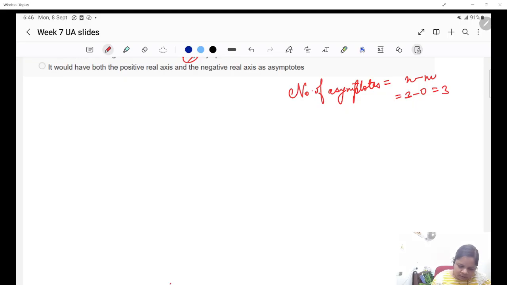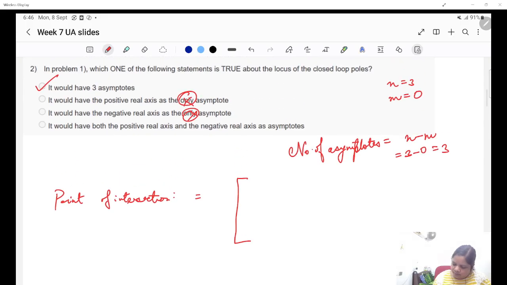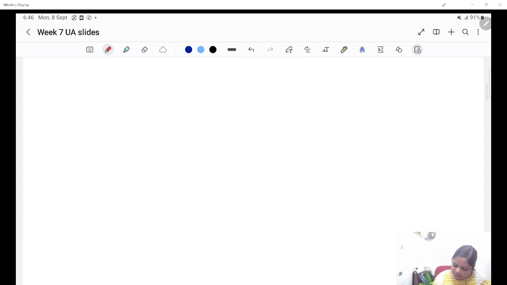Okay, so first let's check what is the point of intersection of these asymptotes. The point of intersection is given by the sum of open loop poles. What were the poles?